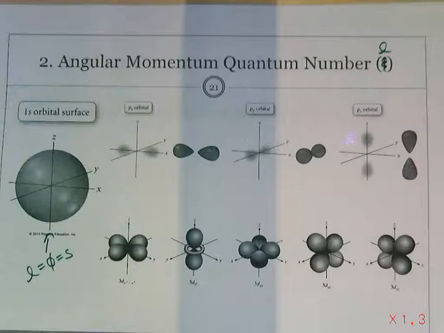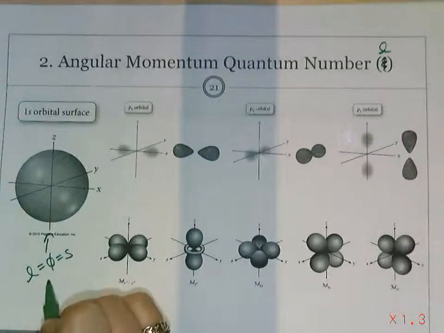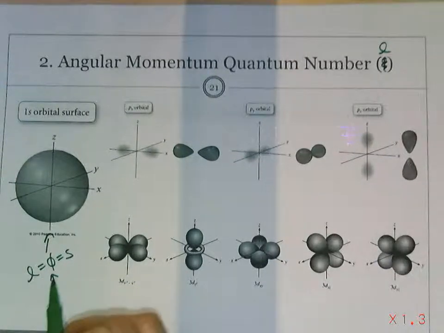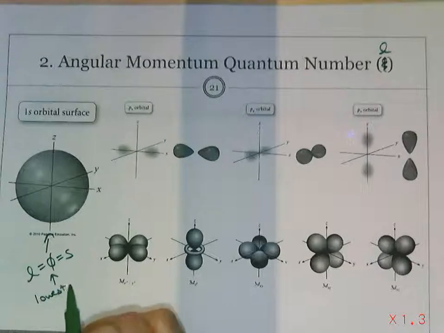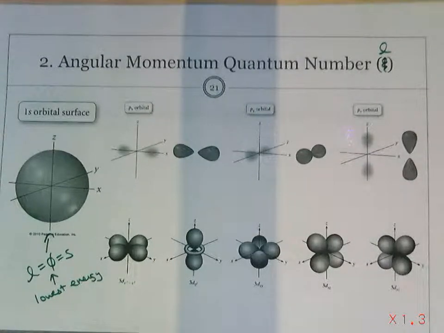Big old round sphere. It's also going to be our lowest energy. If we know that L can only be between 0 and n minus 1, 0 is going to be the lowest energy. So this is our lowest energy shape.